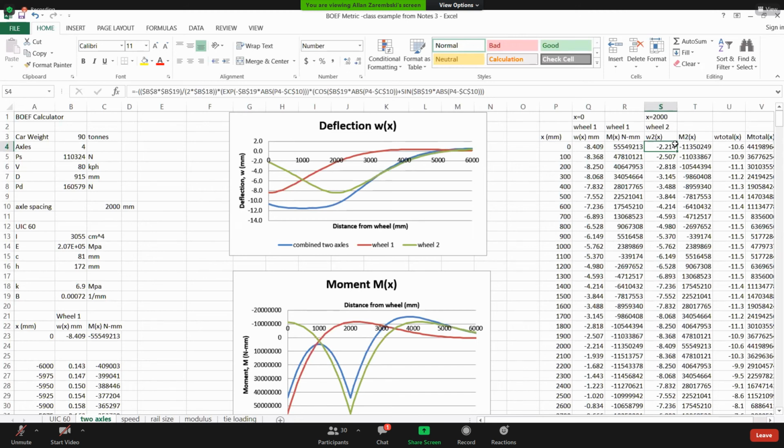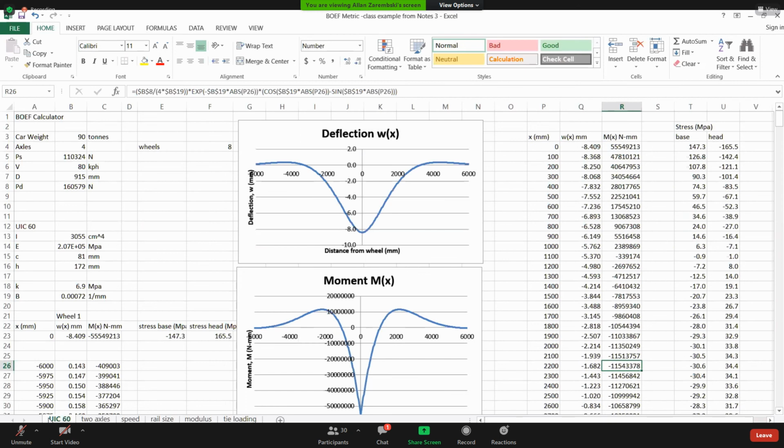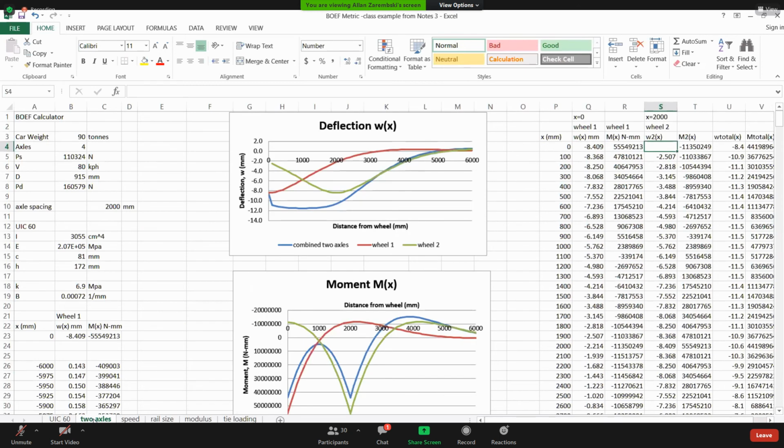So notice what happens here with my second wheel. This is my first wheel in red.